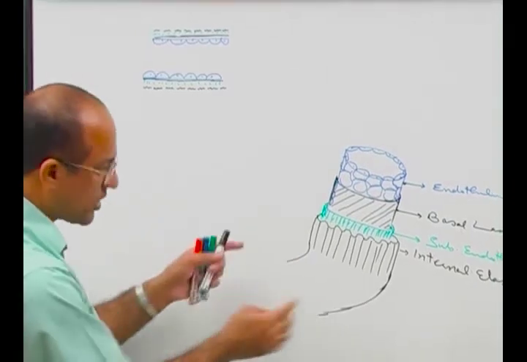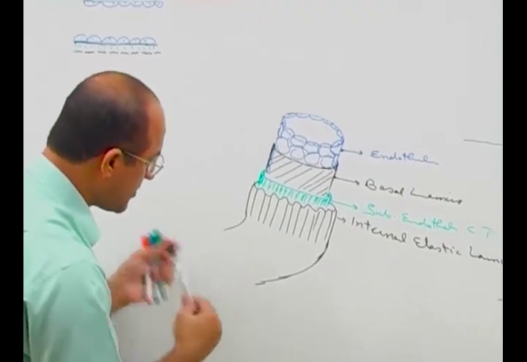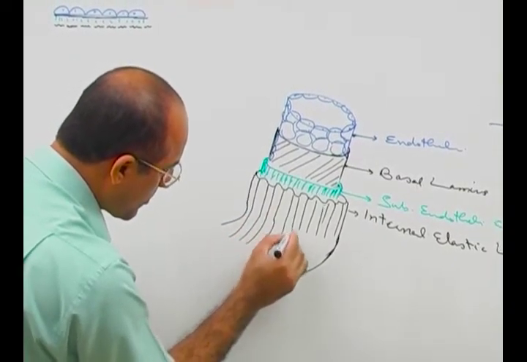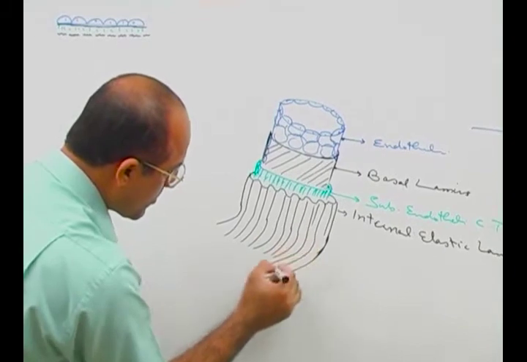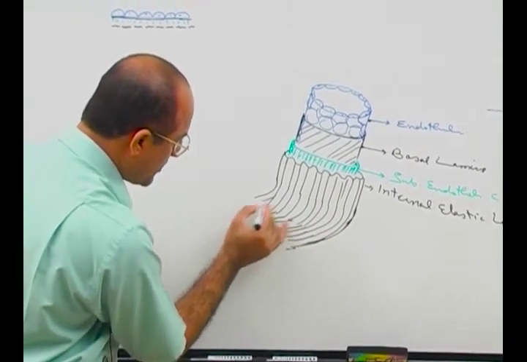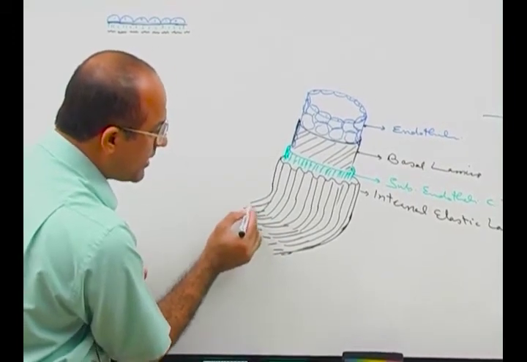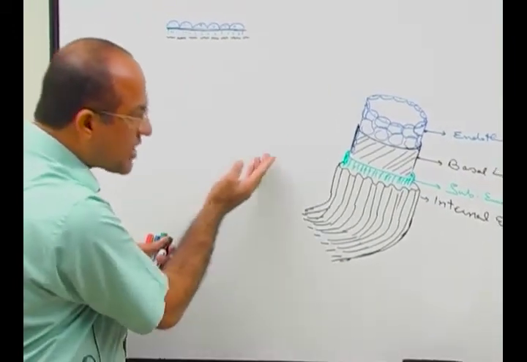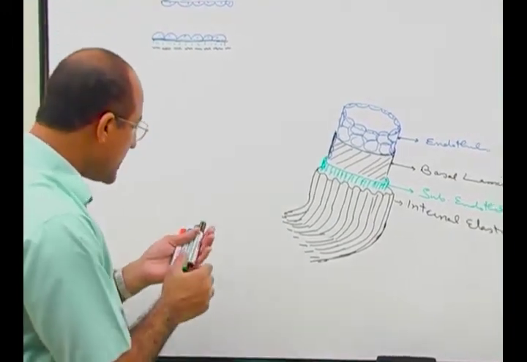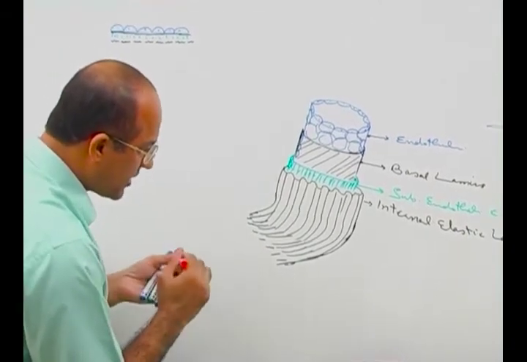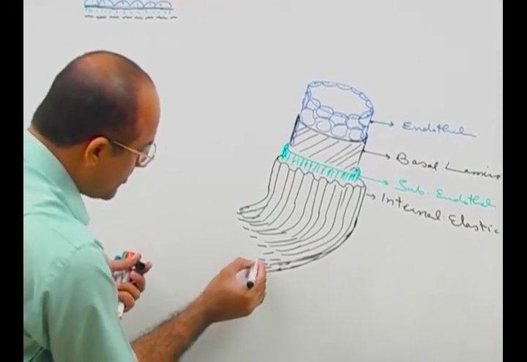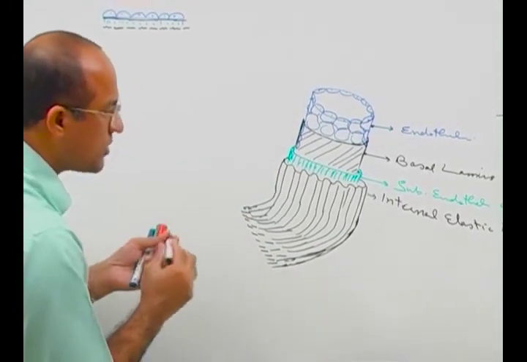Now if you come a little outer to this, then what happens? Now this finishes the intima. Outside this, what will start is media. Now media consists, in most of the vessels, of many smooth muscles.